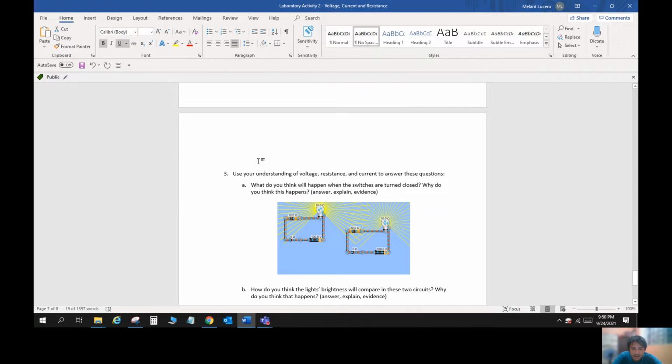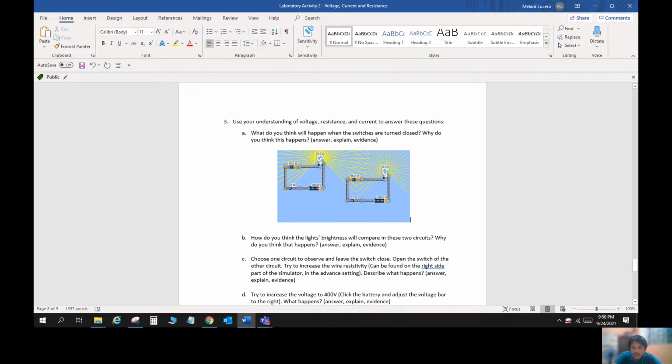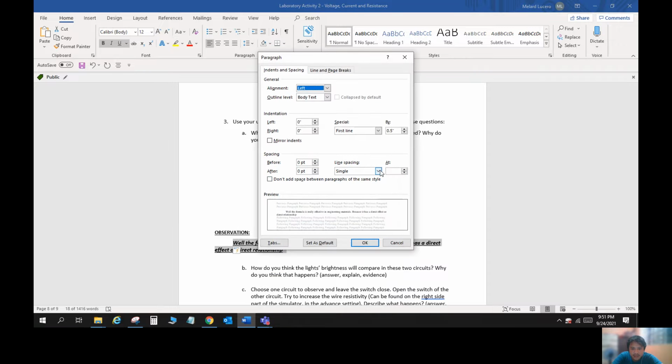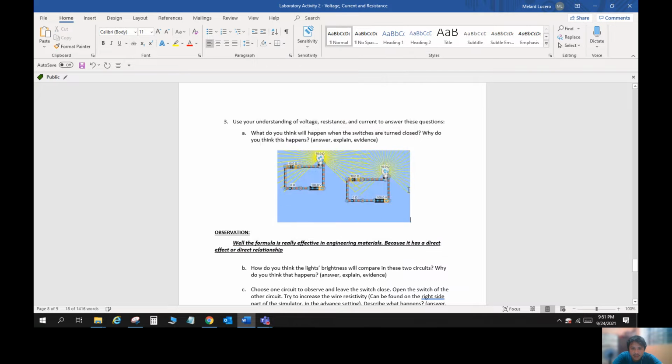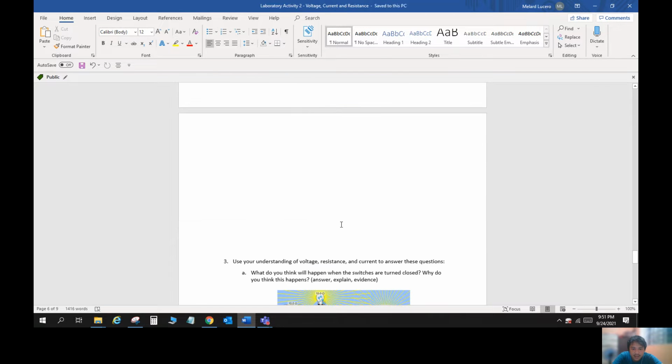Maglagay tayo ng space. Then siguro dito natin ilagay yung ating observation. Paragraph siguro natin gawin natin tong single. Okay naman. Para mas maganda na yun. Okay na to.